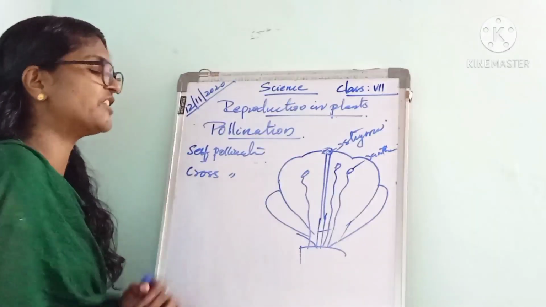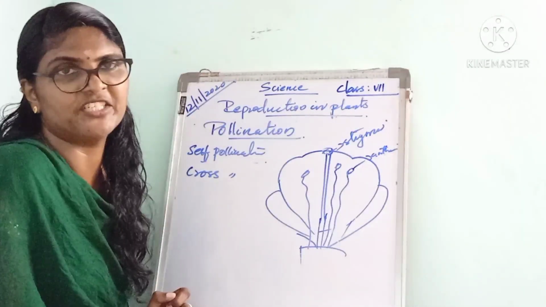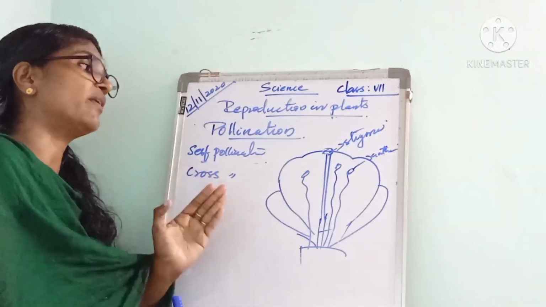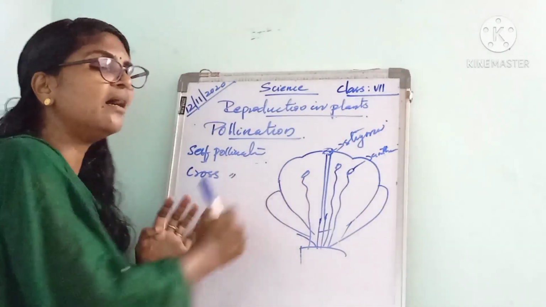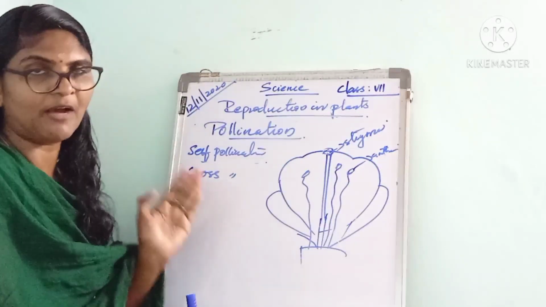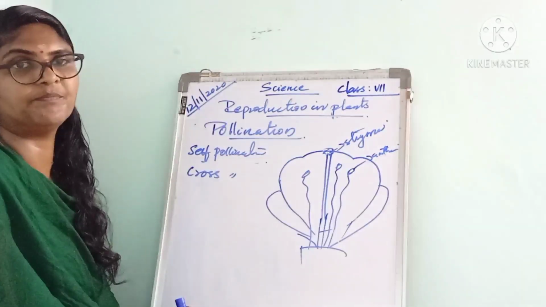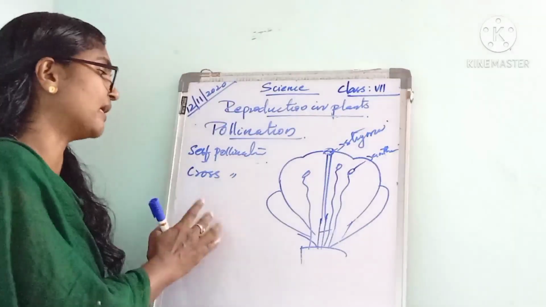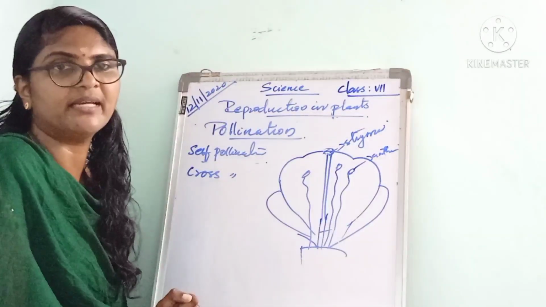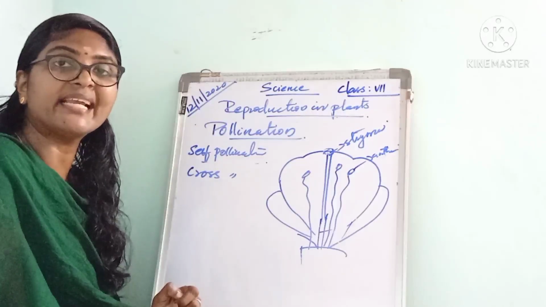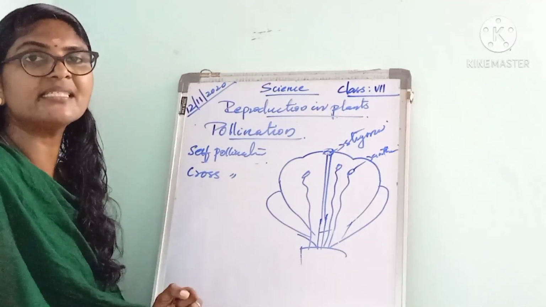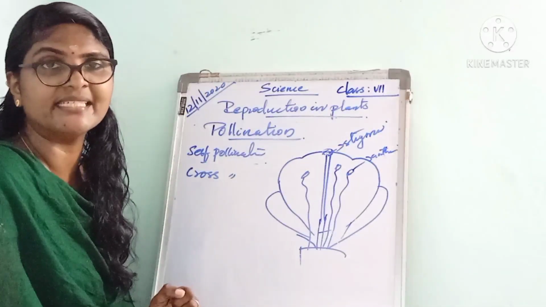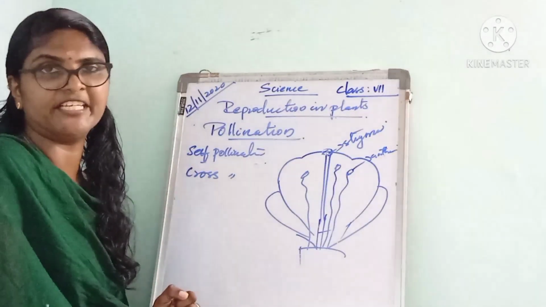That type of pollination is called cross-pollination. In cross-pollination, the pollen grains from a flower reach the stigma of a flower of another plant of the same kind.